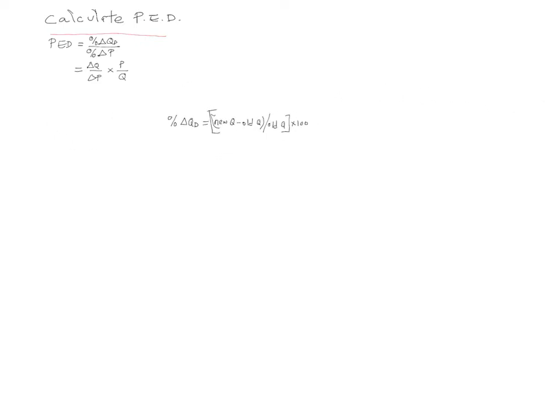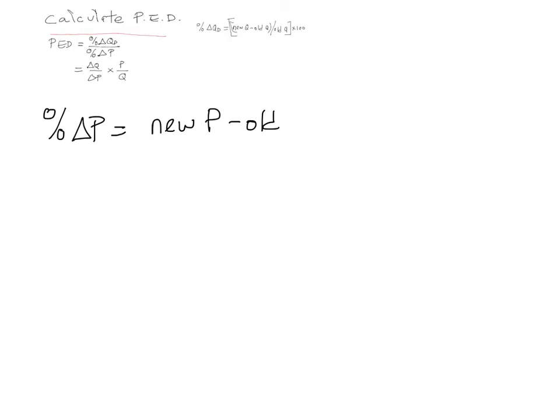So we've got the percentage change in quantity demanded, and now we do the percentage change in price. Same story. Percentage change in price is simply going to be the new price minus the old price divided by the old price, multiplied by 100.